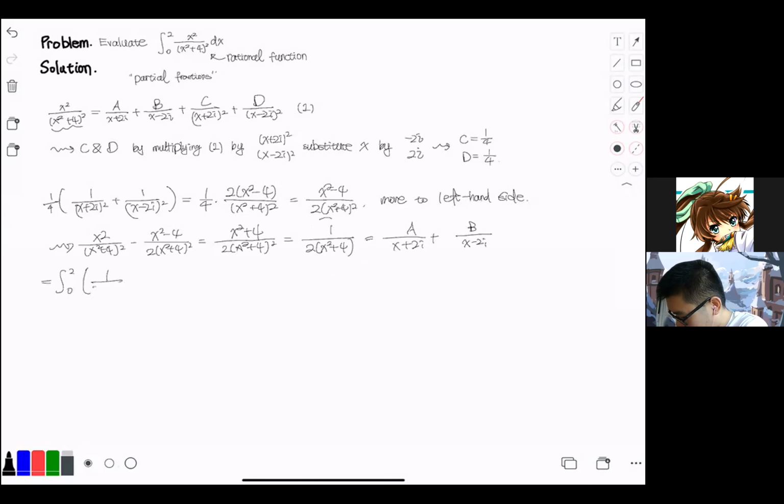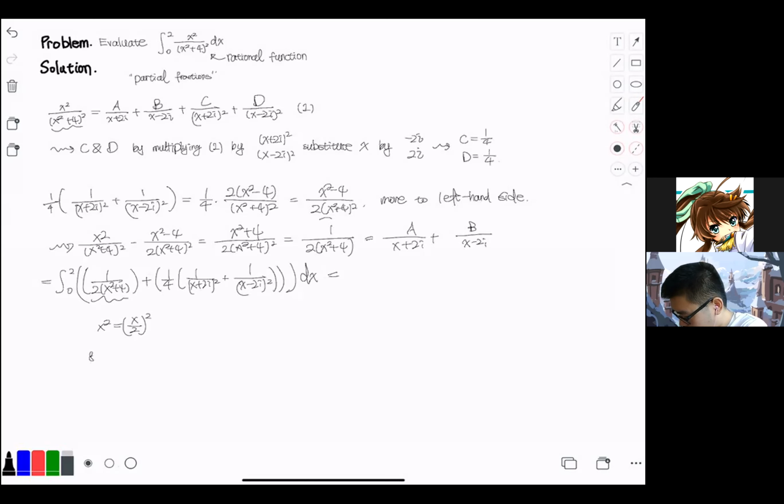So this will become the integral of 1 over 2 times (x squared plus 4), plus 1 over 4 times 1 over (x + 2i) squared plus 1 over (x − 2i) squared, dx. And for the first one, we know that we can just write x squared plus 4 as 4 times ((x over 2) squared plus 1), and then we can just substitute x by x over 2, and then the 4 will be equal to 1.